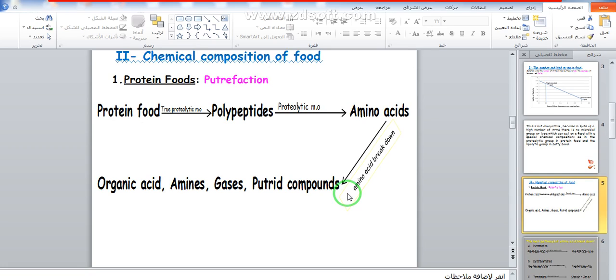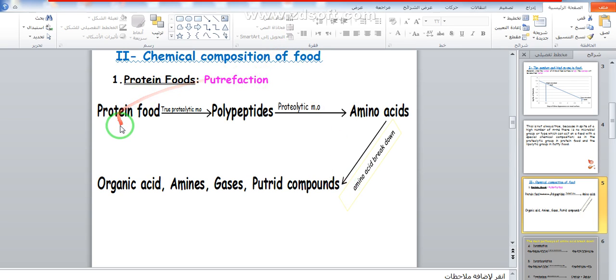The second factor is the chemical composition of the food. We will classify foods into 3 categories: protein foods, fatty foods, and sugar foods. Regarding protein foods, the main spoilage of protein food is called putrefaction.